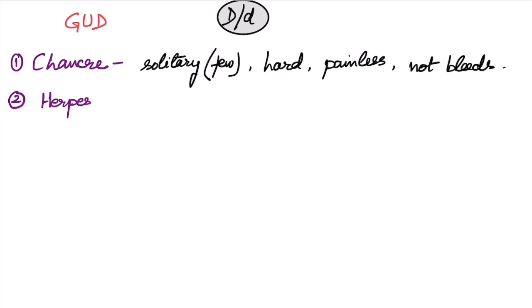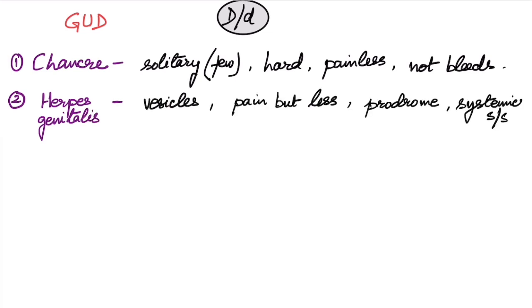The next one is herpes genitalis. What are the differences in chancroid and herpes? There are vesicles in herpes, there are no vesicles in chancroid at any stage. There is pain but it is less than chancroid. There will be a prodrome and there will be systemic signs and symptoms which are absent in chancroid due to absence of bacteremia.